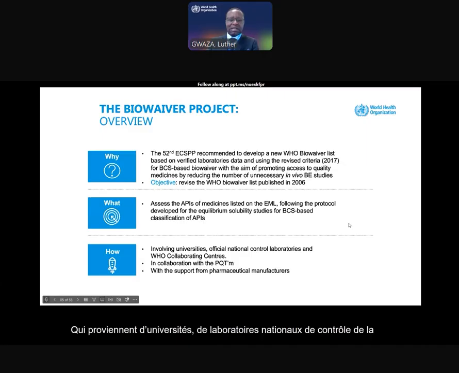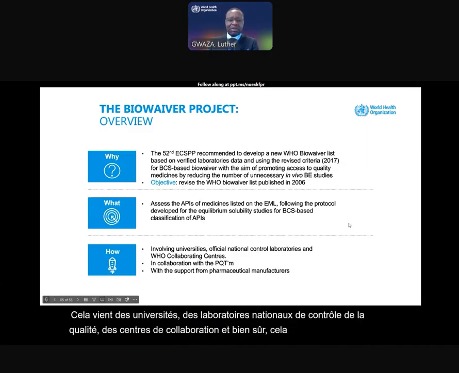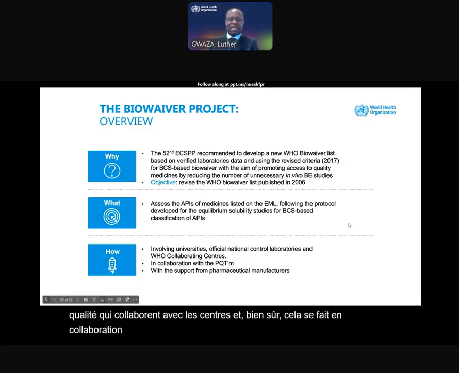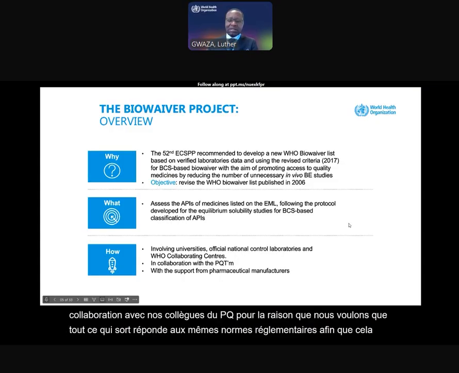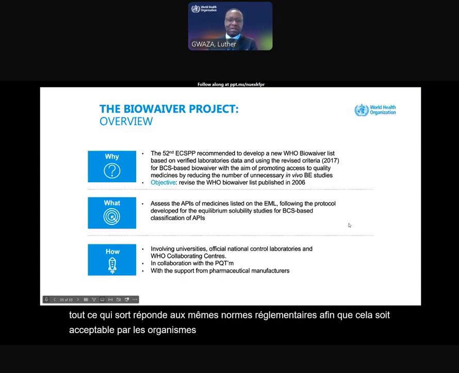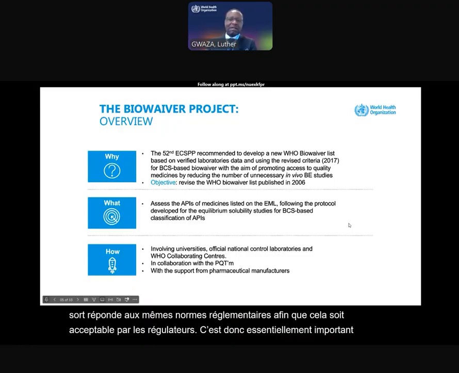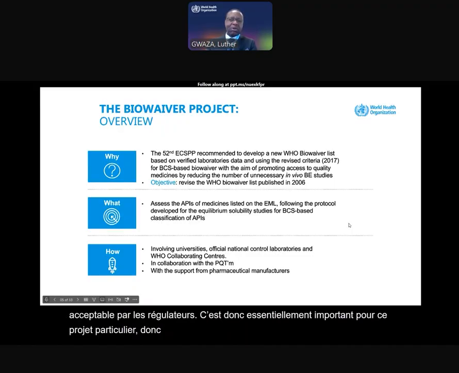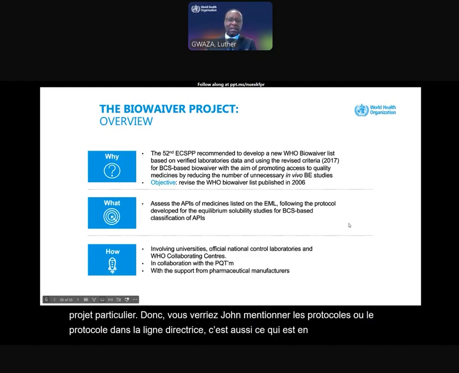And of course, this is done in collaboration with our PQ colleagues, because we want whatever is coming out to meet the same regulatory standards, so that this is acceptable by regulators. So this is essentially important for this particular project. You'd see John mentioning the protocol. The protocol in the guideline is also what is being implemented in this project as well.